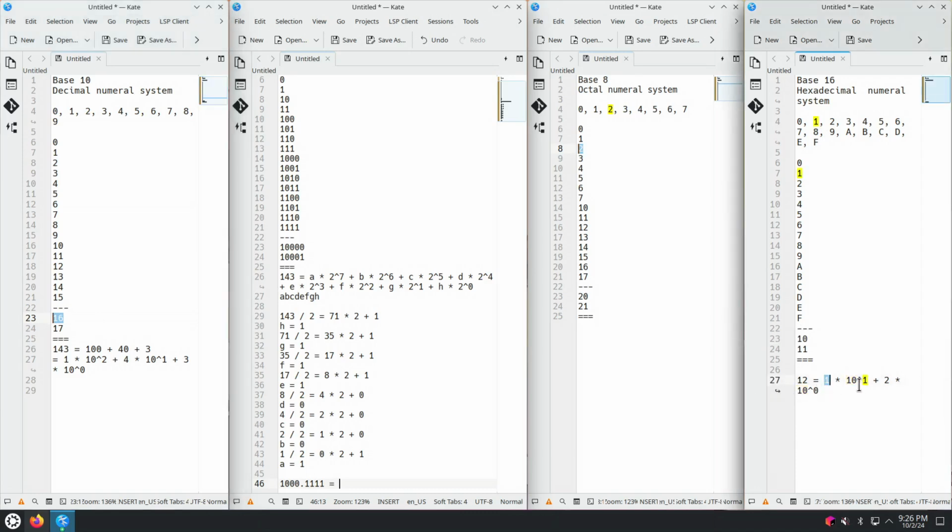So it's 1 times 16 plus 2 multiplied by 10 in base 16 at the power of 0, which is 1. And multiplied by 2, that's 2 in base 10.